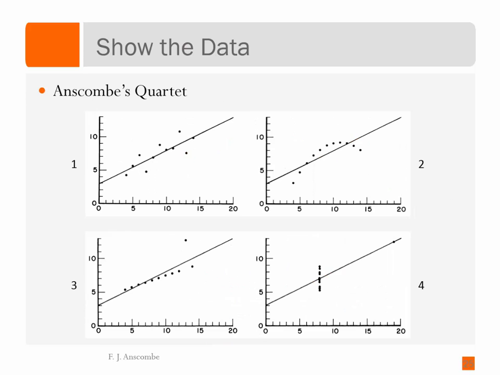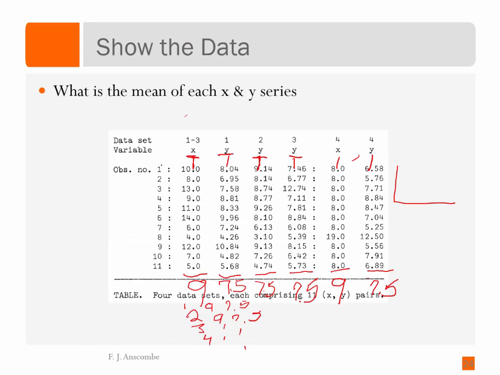As we advance, we now have an XY plot of each one of those specific measures. If you'll recall, our mean of X and Y on all 4 of these series is exactly the same. But are they the same? And this is where show the data comes into play. If we only represented the mean, we would never see the differences between these.